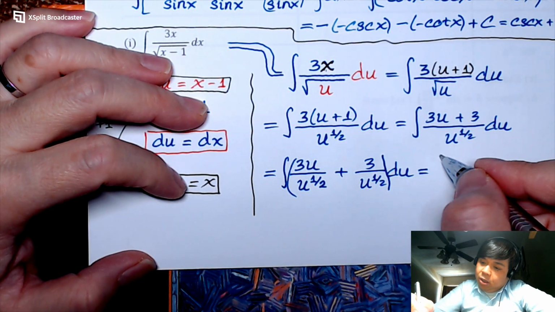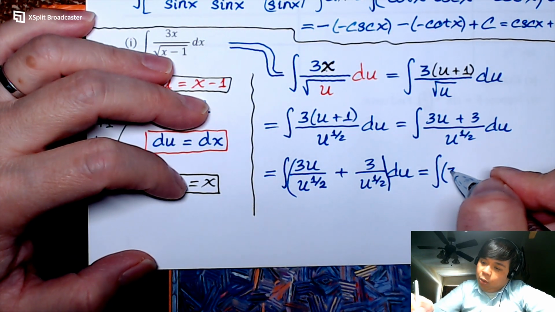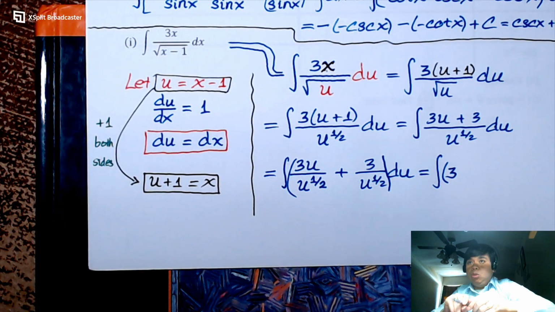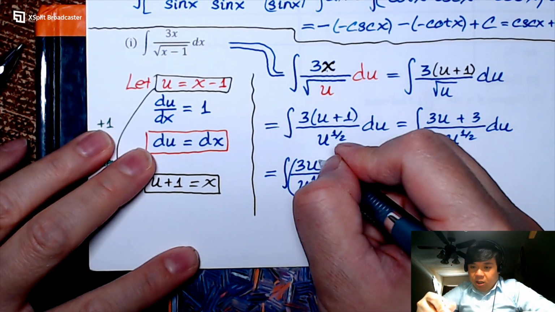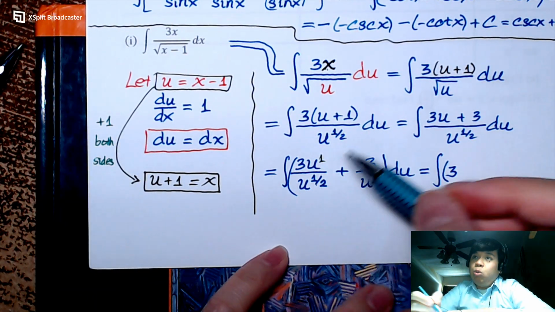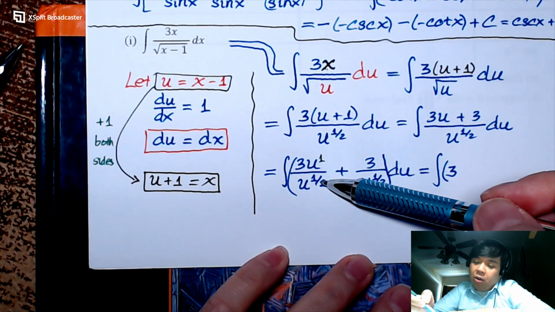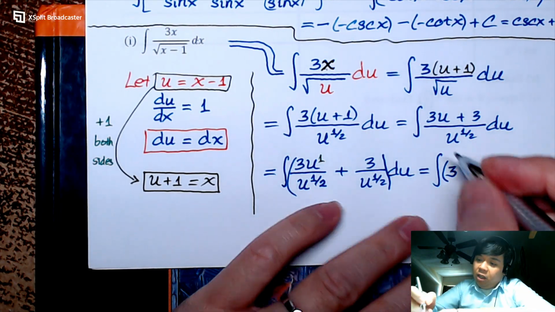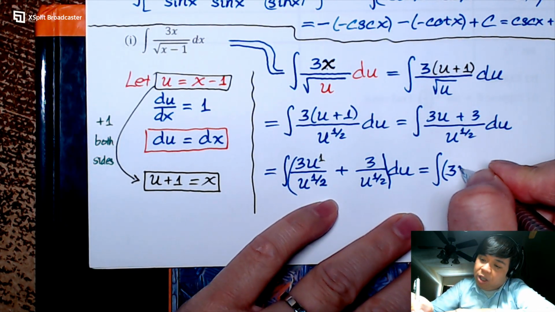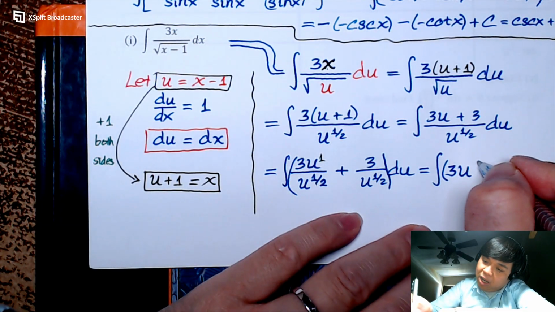Now reduce. We have 3u over u to the 1/2. By default, u is to the first power. Dividing, we subtract the exponents. 1 minus 1/2 is 1/2.